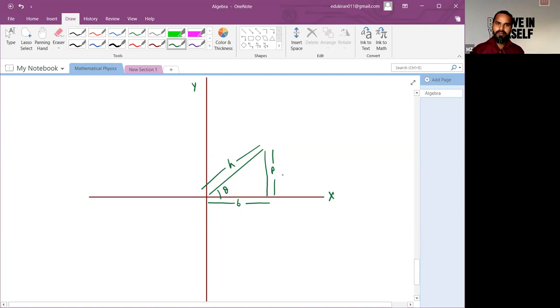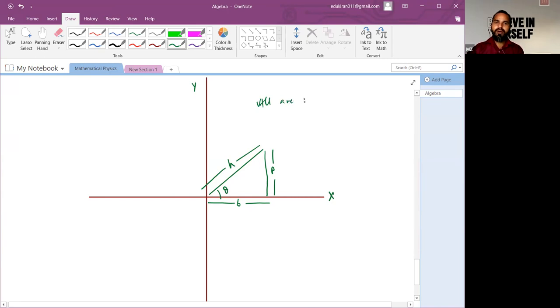So if a triangle is formed in the first quadrant, or we can say from 0 degree to 90 degree, all of its values would be positive. So all trigonometric values between 0 degree and 90 degree will be positive.